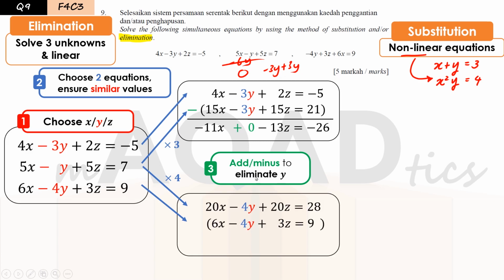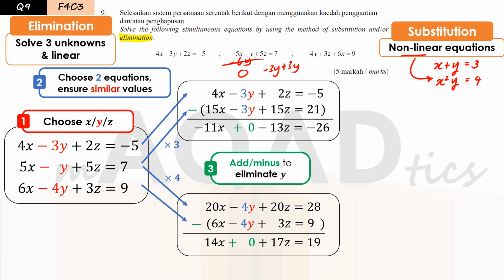Now, same thing, step 3, add or minus to eliminate the y. As you can see, these two have the same signs, which is similar to the one we did just now. So we just need to minus the entire equation. Same method, minus the values one by one, and you will get this equation. So now we have successfully removed the first unknown, which is y.